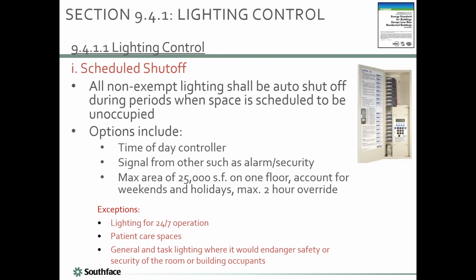This is basically saying when the building itself is not occupied, we should shut off the lights. And so you can do this with a building automation system, with a time of day controller. Here's a good one. You leave the building, you arm your security system. Last person out arms it. It knows the building's empty and sends a signal, says shut off all the lights. So that's another way to do it.